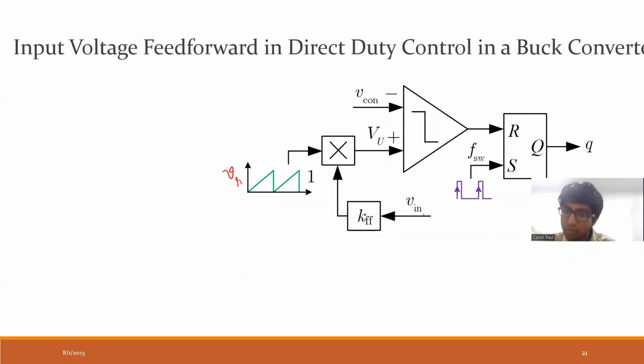When there are changes in input voltage, the output voltage will be regulated. So what happens is, we know V output is equal to D into Vin for a buck converter, D being the duty ratio. And this D comes from this comparison. That is effectively Vcon upon VM into Vin.